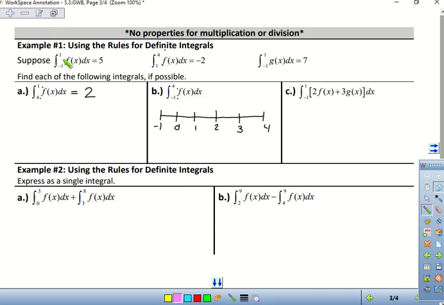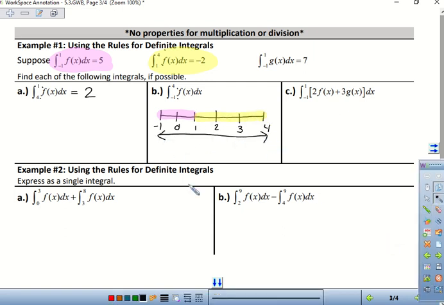I have an integral that goes from -1 to 1, right? And then I have another integral that goes from 1 to 4. So if I want to go all the way from -1 to 4, what should I do? Add these two together. So it's going to be 5 plus -2, which is 3.